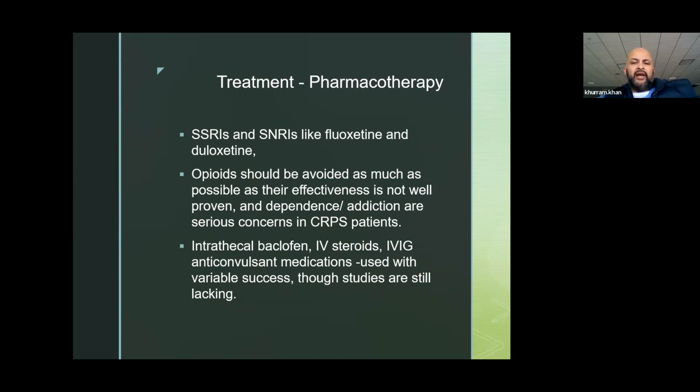Intrathecal baclofen, IV steroid infusion, IVIG infusion, IVIG treatment, anticonvulsant infusion, IV lidocaine, IV ketamine. Where I've been trained, we actually used to use IV lidocaine and IV ketamine for these patients under the research study protocol, and we have seen great many benefits for those patients.